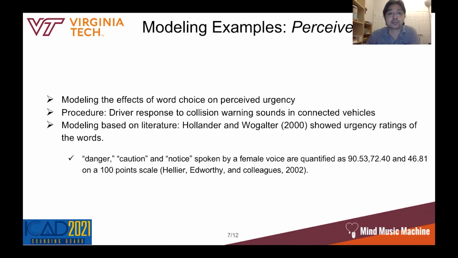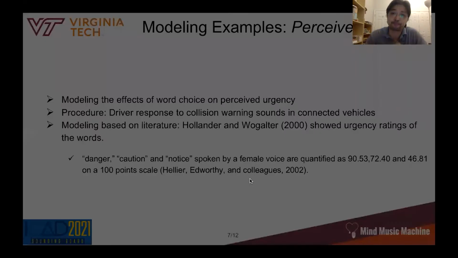So she wanted to model driver response to collision warning sounds in connected vehicles. So they built the model based on literature. So there's a bunch of literature about speech warning, and you're probably familiar with these keywords, right? Danger, caution, and notice. Based on different word choice, the speech warning influenced perceived urgency.